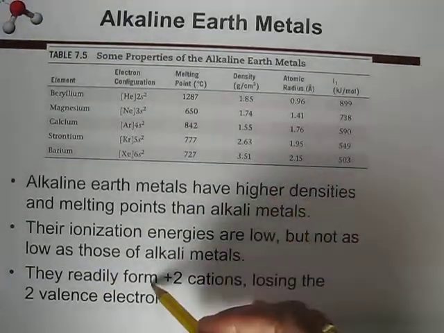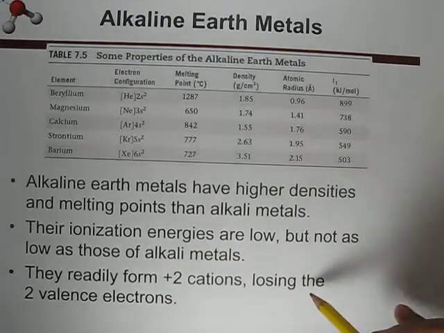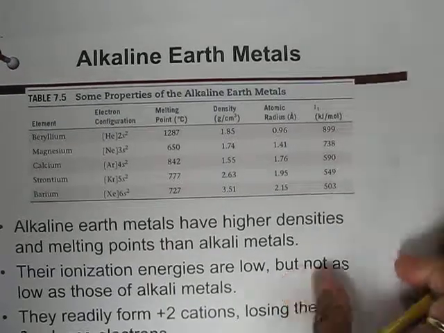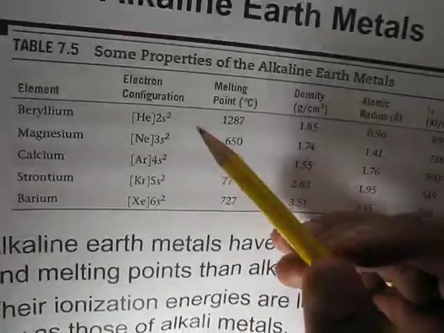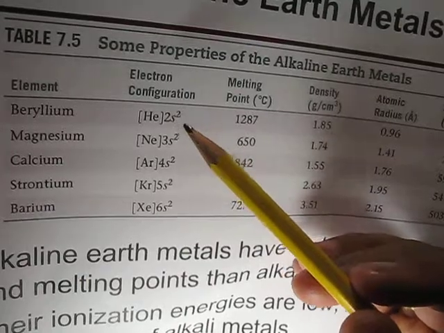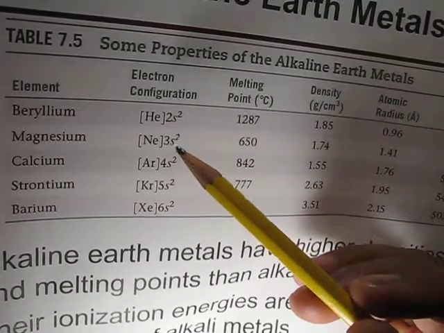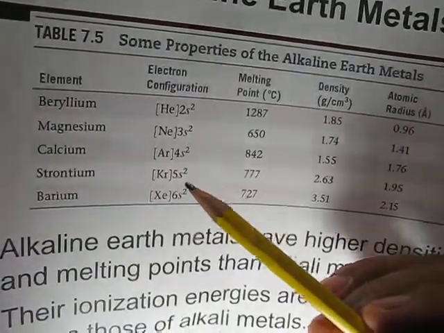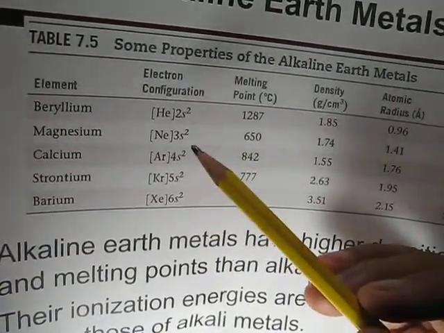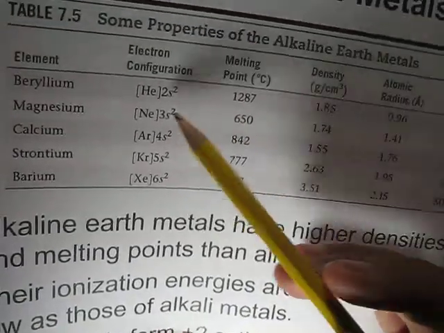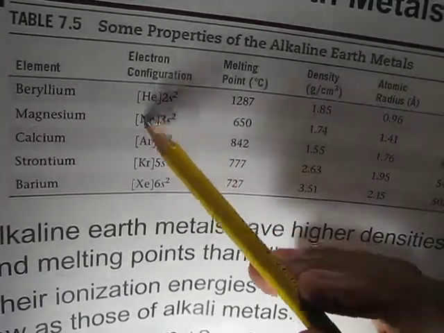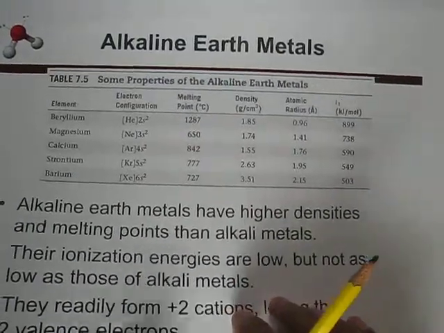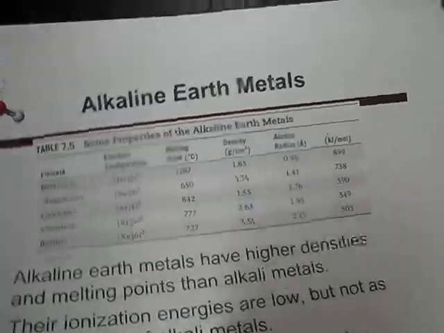They can readily form a +2 cation, losing the two valence electrons. In the electronic configuration they are all 2s2, 3s2, 4s2, 5s2, and 6s2. So they tend to donate these two electrons to attain the noble gas electronic configuration. This is the difference between alkali metals and alkaline earth metals.